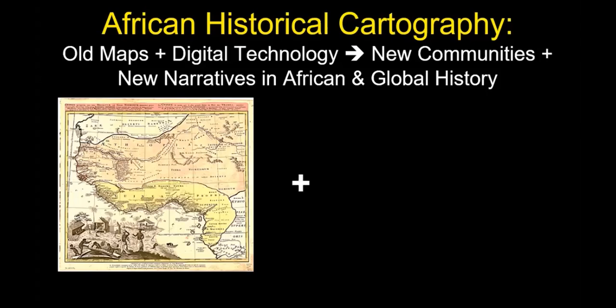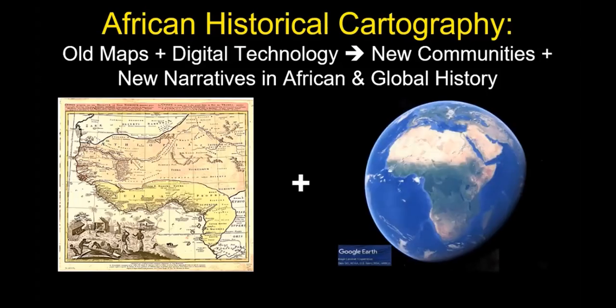But new technologies now make it possible to look at these maps in great detail in reference to known geological and geographic details, things that we can find out from Google Earth, for example.